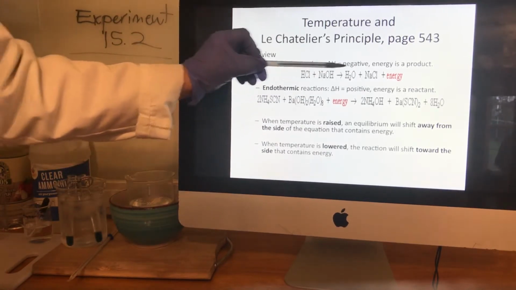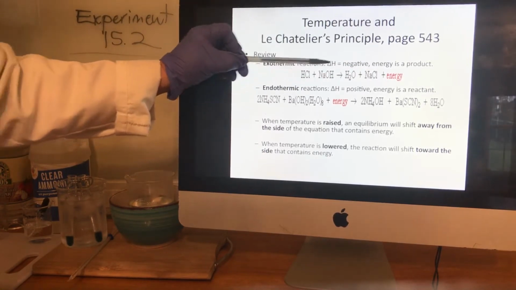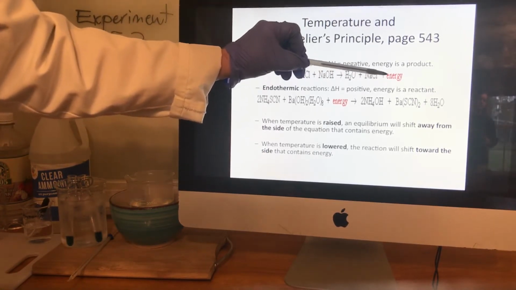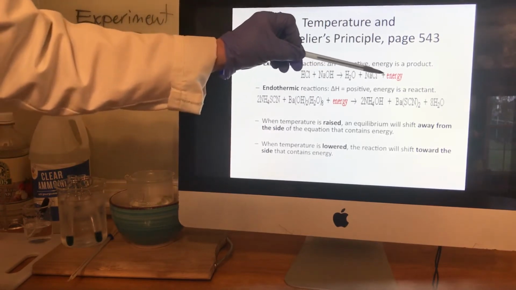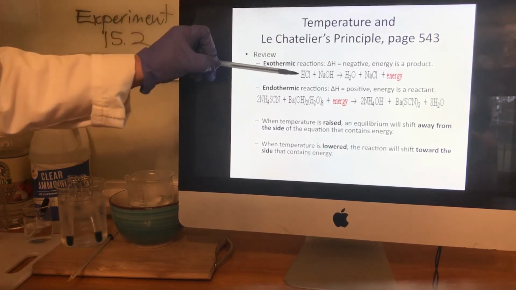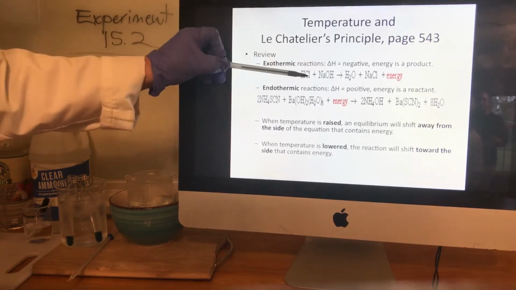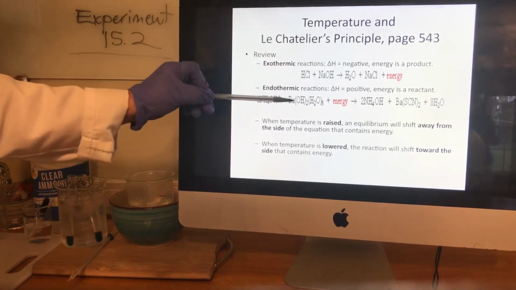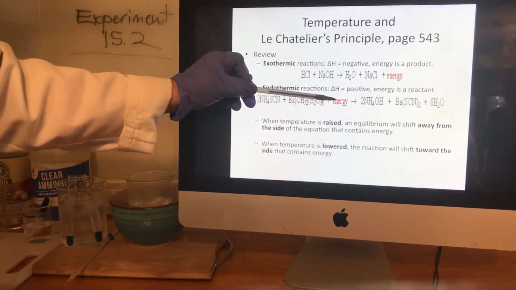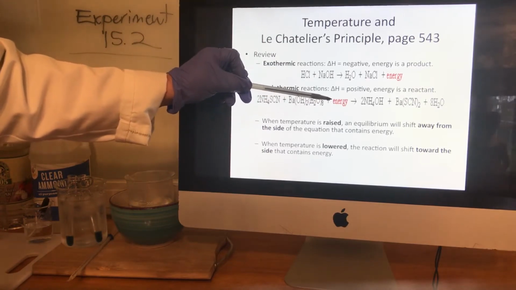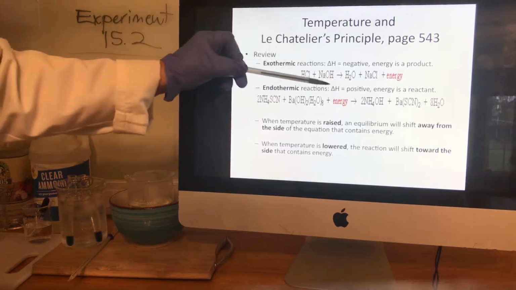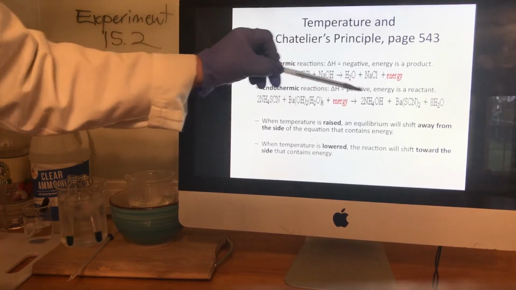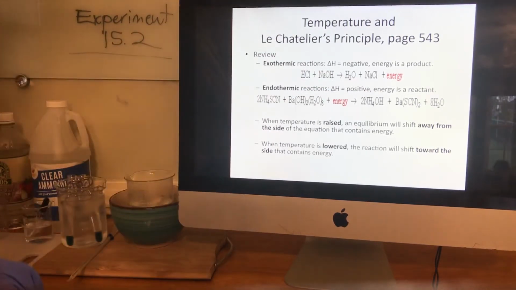So in this particular equation, again, the energy is on the product side. If this whole system was heated up, the equilibrium would shift away from this side over to the reactant side. And if you're looking at an endothermic reaction, the energy is on the reactant side. So if that's all heated up, then the equilibrium would shift over to the product side.